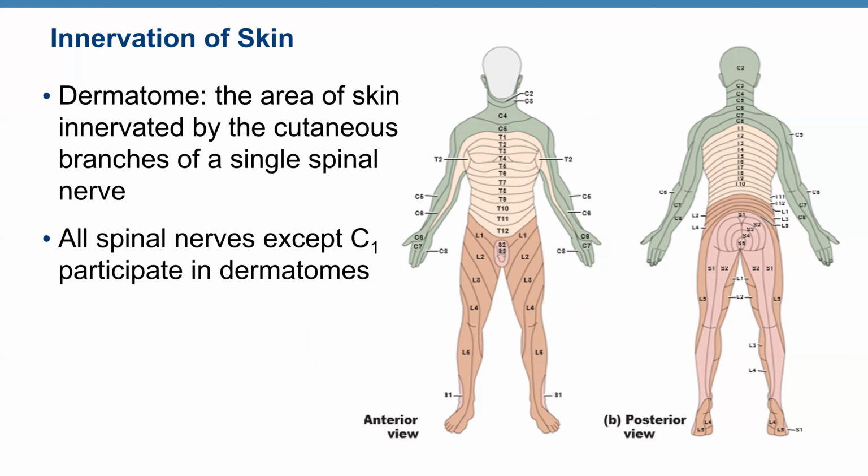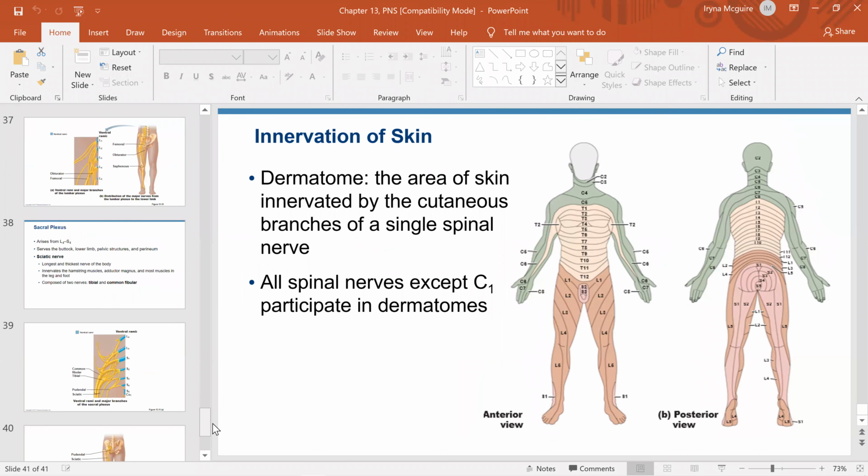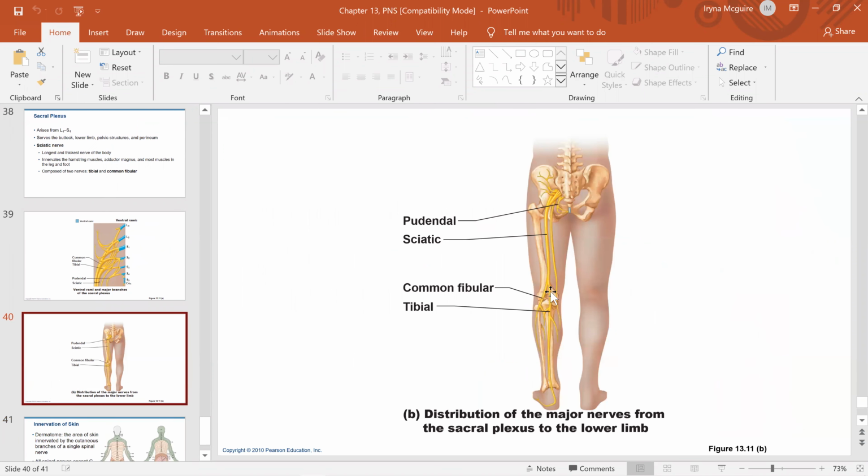Okay, very quickly, I want to tell you something, I don't know if it makes sense or not. When we talk about plexuses and peripheral nerves that innervate your muscles, if I tell you, let's say this is the tibial nerve, which spinal nerve does the tibial nerve arise from?